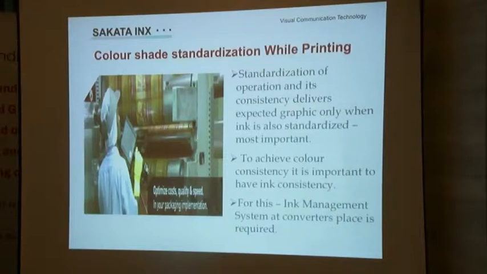Now, this ink management system can be automatic also, like ink dispensing modules nowadays, or you have to have certain manual ink management system also in place, wherein you have to give to the printer the same ink which the printer has standardized for his job. So how to give the same ink so that there is no deviation in the color time and again whenever the printer is going to print the same particular job.